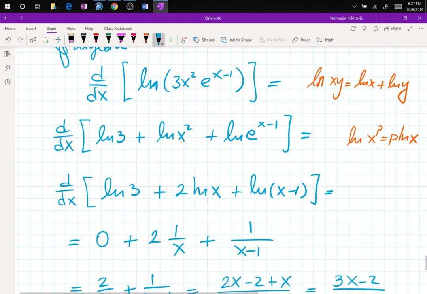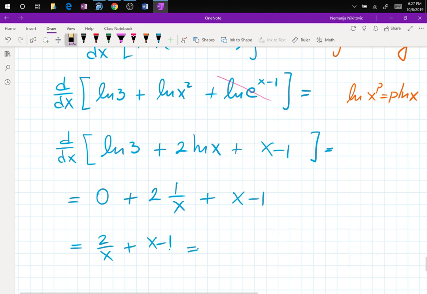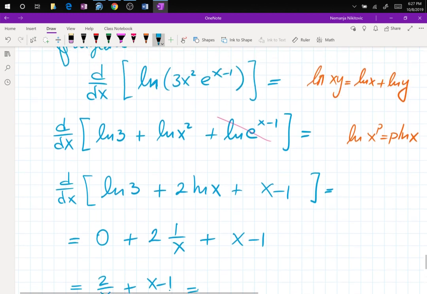So now ln and e cancel, and this term is just x minus 1. Why x minus 1? It is supposed to be just 1.